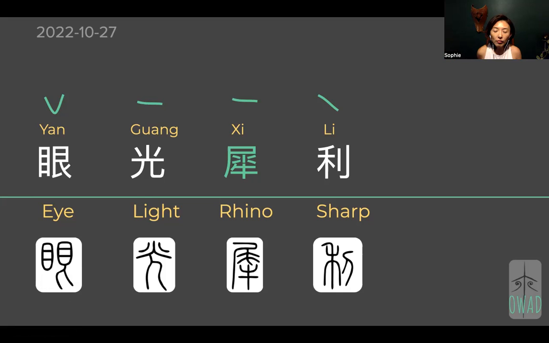So we have the eye symbol, and then this symbol, you can see something similar, right? But these two are two different things. This symbol is used to mean change. Why does it mean change?